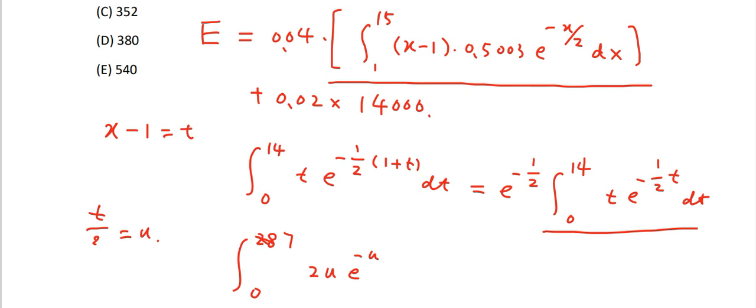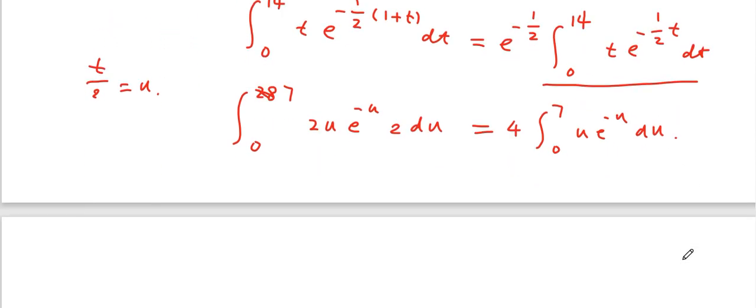We simplify this to 4 times the integral from 0 to 7 of u e to the negative u du. For this one, we have to use integration by parts. But anyway, this is a math problem.